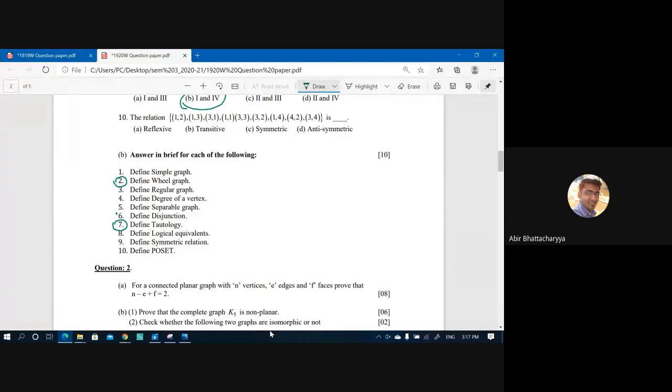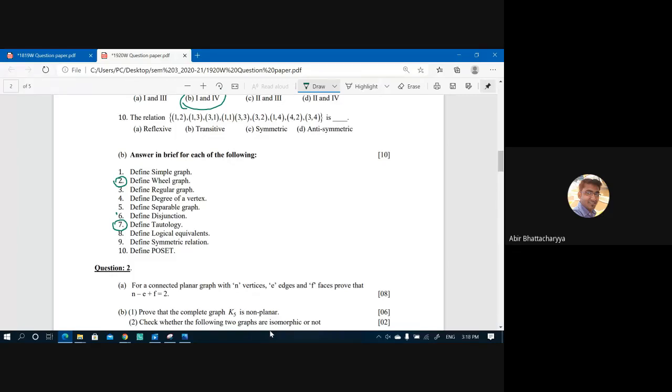So, connecting, Nahum said, a wheel graph is formed by connecting a single universal vertex to all other vertices, constructing a cycle with each and every vertex.